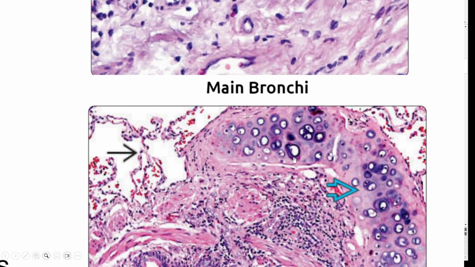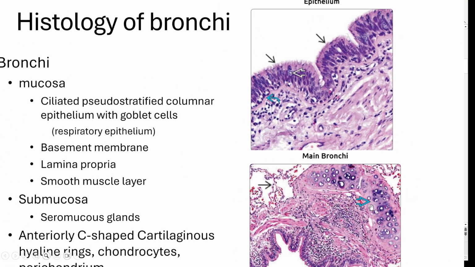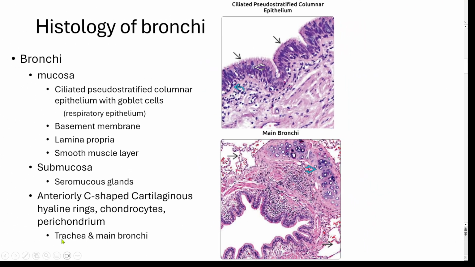If we zoom in here, we can see the perichondrium and the chondrocytes, and this looks like a C shape. It's not complete, and it's only on the anterior side. This is in the trachea and in the main bronchus.